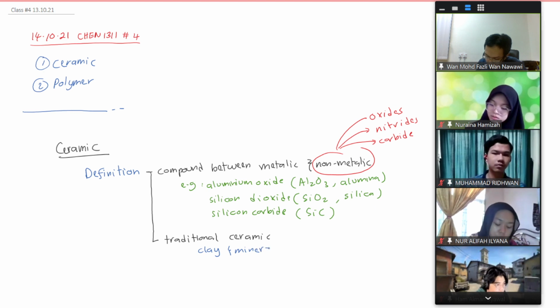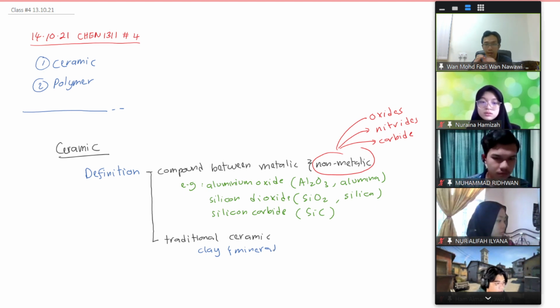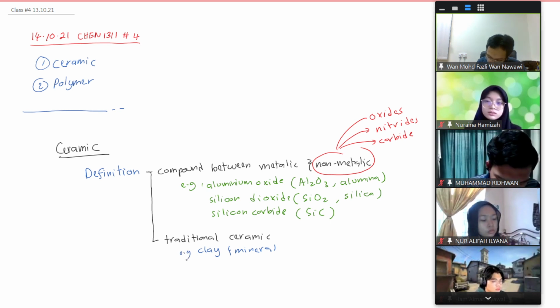So that's also under the ceramic. Yes, of course, clay also has this silicon oxide composition inside. But normally when people talk about traditional ceramic, they talk about this clay and mineral, those that have been used by ancient people before the modern era. So that is also part of the definition of ceramic.